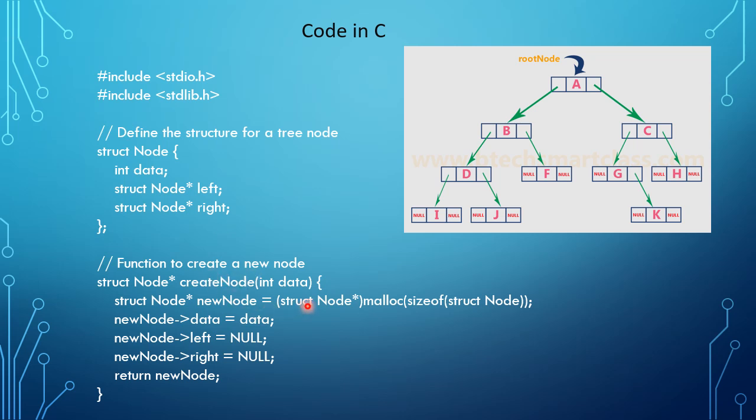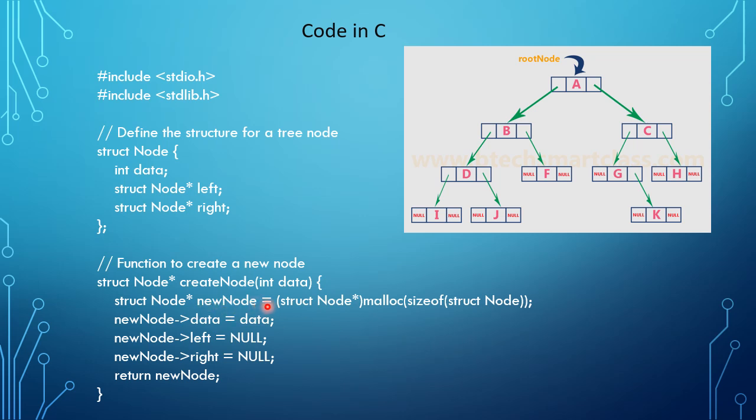To create a new node having data in it, we take a create node function, and in this function we are sending the data or element which is inserted into the new node. Going into this, first this statement: struct node star new node is equal to struct node star malloc size of struct node. So what does this statement perform?